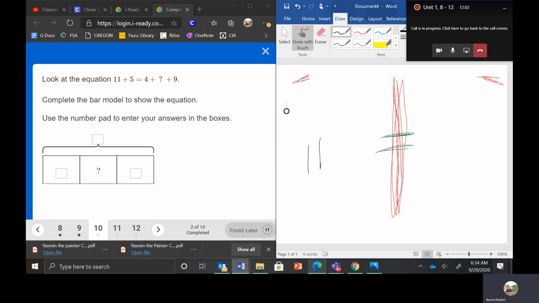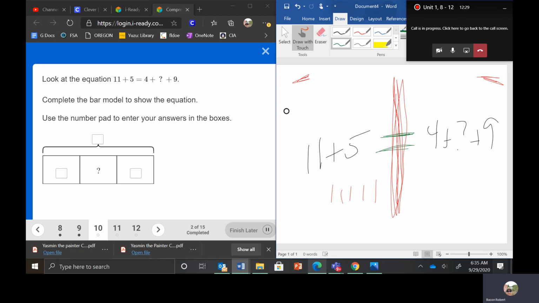11 plus 5, whatever that total is going to be the same as 4 plus something plus 9. So let's start with the 11 plus 5. And this is a pretty easy number for us right now because we've been dealing with the last couple problems, if you think about it. 11, and we'll add 5.